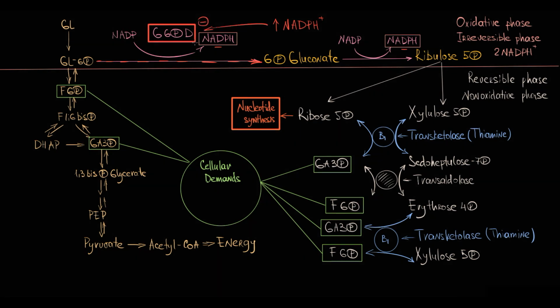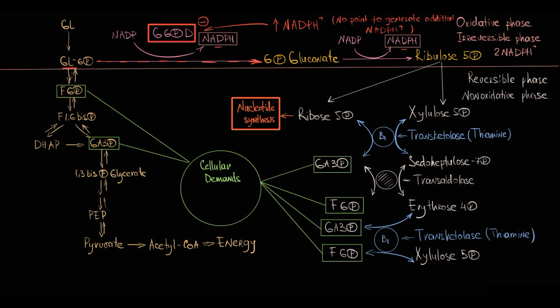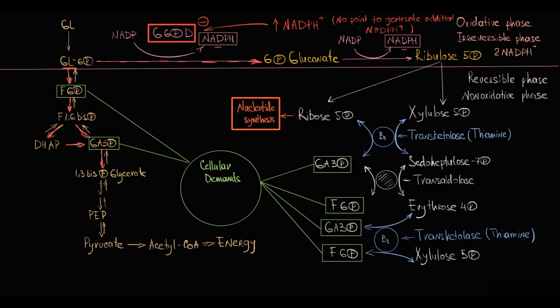So if the tissue has a lot of NADPH, there is no point in generating additional NADPH, so there is no need to use a massive amount of glucose in the oxidative part of the shunt. Better to use glucose for energy production in glycolysis, for example, or for nucleotide synthesis.